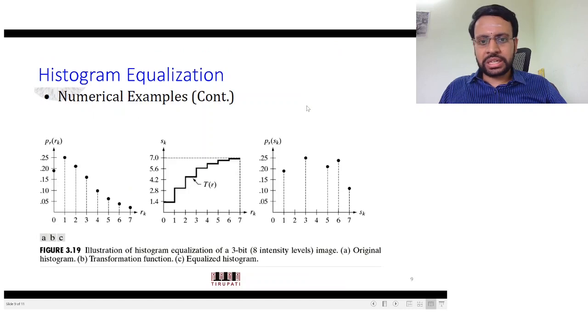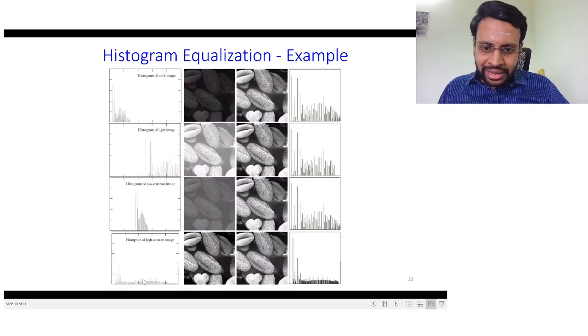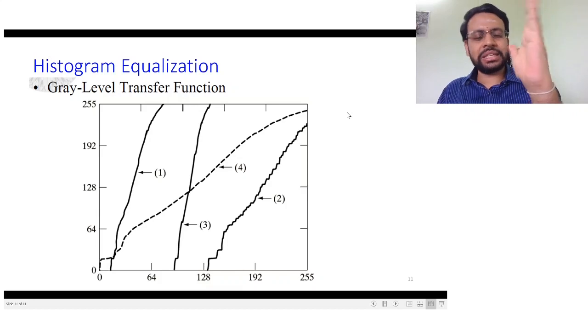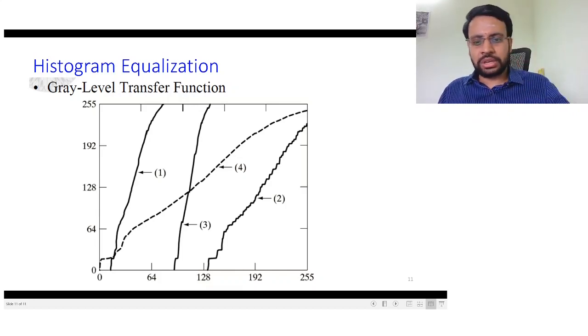And the last example here, this is a very well distributed histogram already. So even after applying histogram equalization, there is not much difference. The same thing you could see here. This is having more or less a 45 degree angle, and there are no steep curves anywhere except some adjustments here and there.